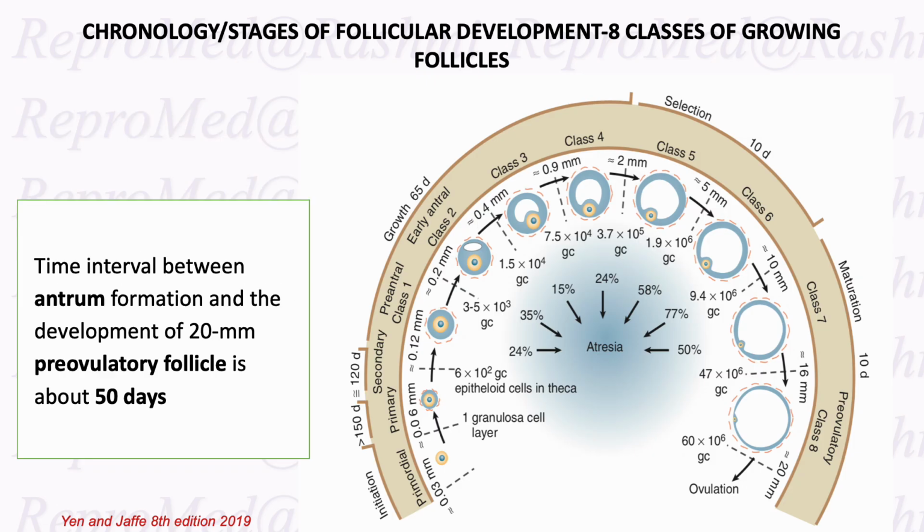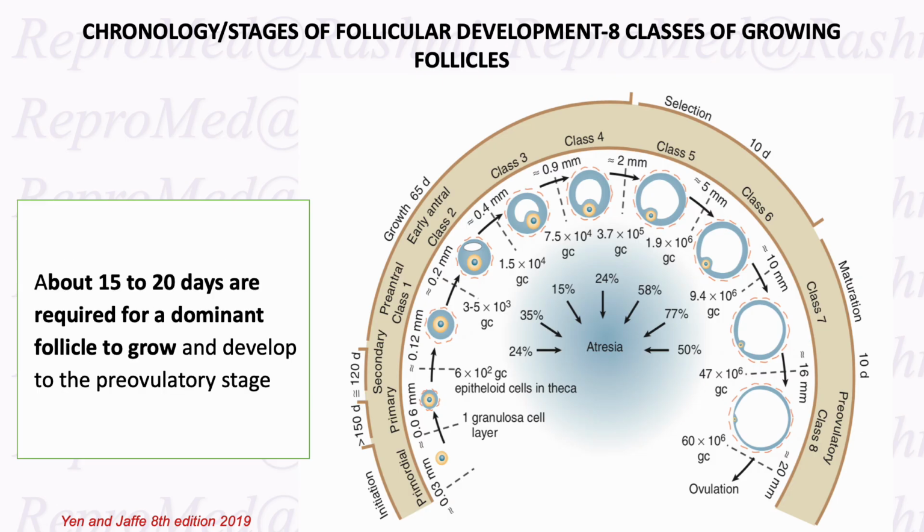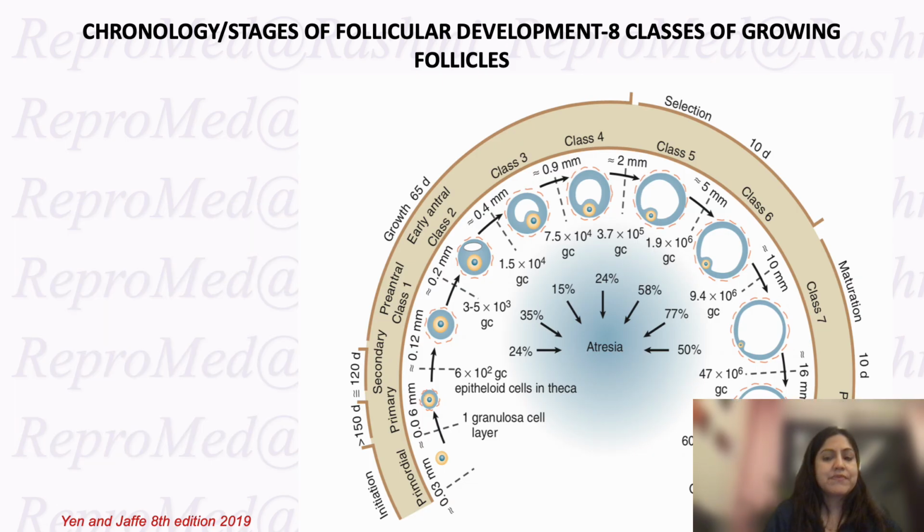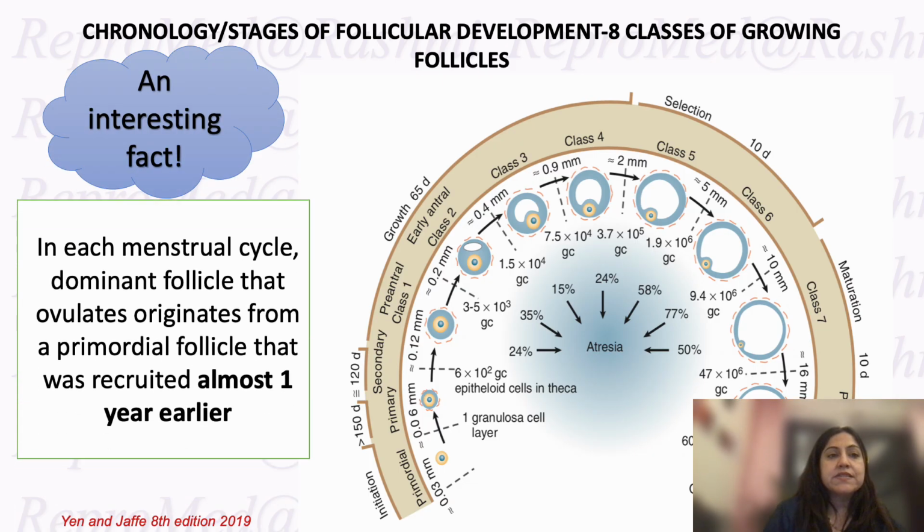The time interval between antrum formation and development of a 20 mm pre-ovulatory follicle is about 50 days. Around 15 to 20 days are required for a dominant follicle to grow to the pre-ovulatory stage. An interesting fact is, in each menstrual cycle, the dominant follicle that ovulates originates from a primordial follicle that was recruited almost 1 year earlier.